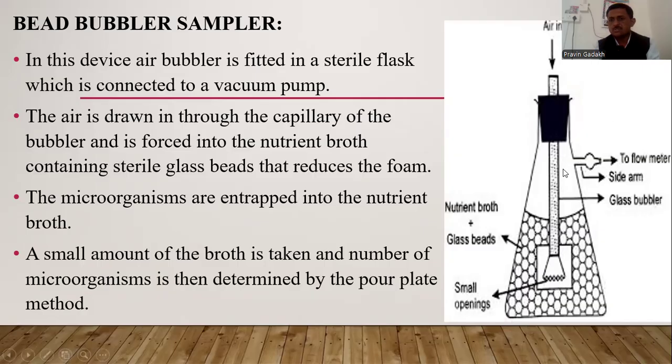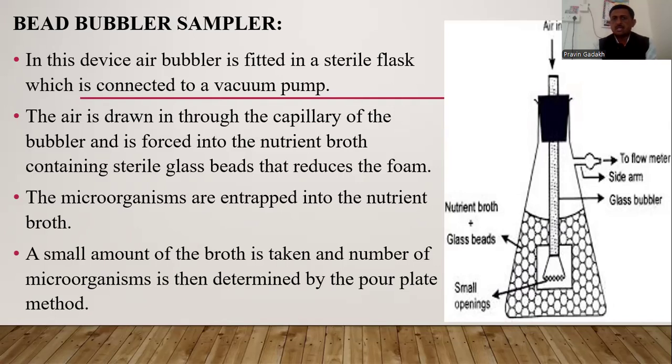In this diagram, we can also see the air is forcefully entered through this capillary, or air bubbler, into the conical flask, where the sterile beads and media, which is nothing but a nutrient broth and glass beads, are already present, so that the microorganisms present in the air get trapped into the nutrient media.